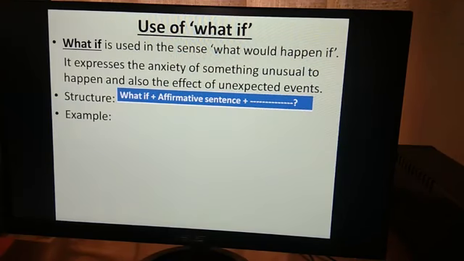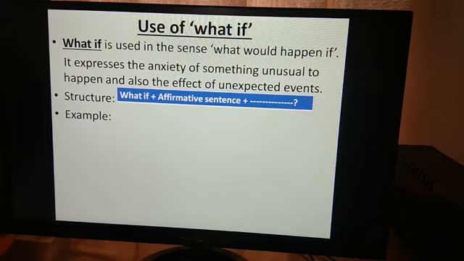Next, use of what if. What if is used in the sense of what would happen if. It expresses the anxiety of something unusual to happen and also the effect of unexpected events.